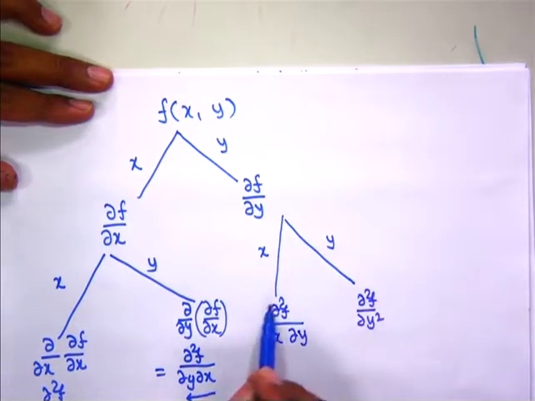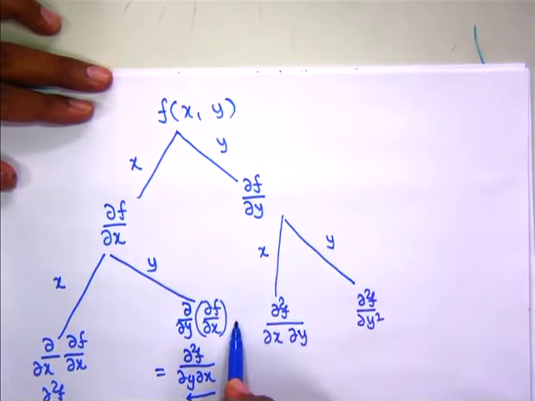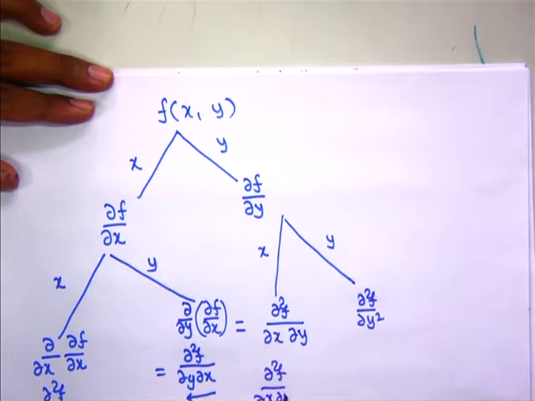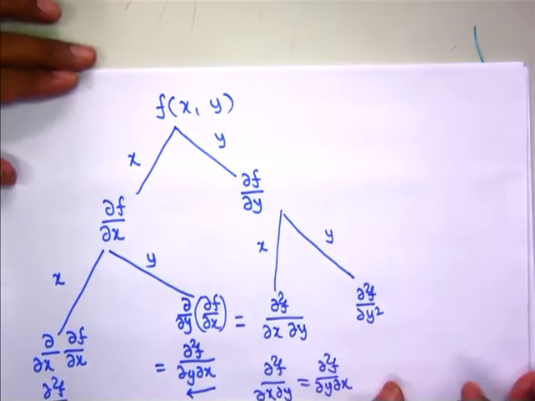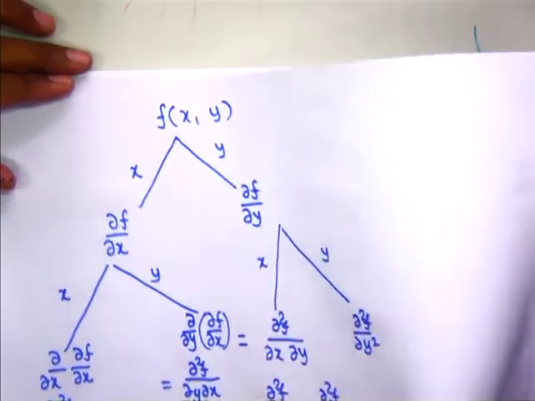We will see in the next study that del square f by del x del y is the same as del square f by del y del x. But before that, we take some examples.